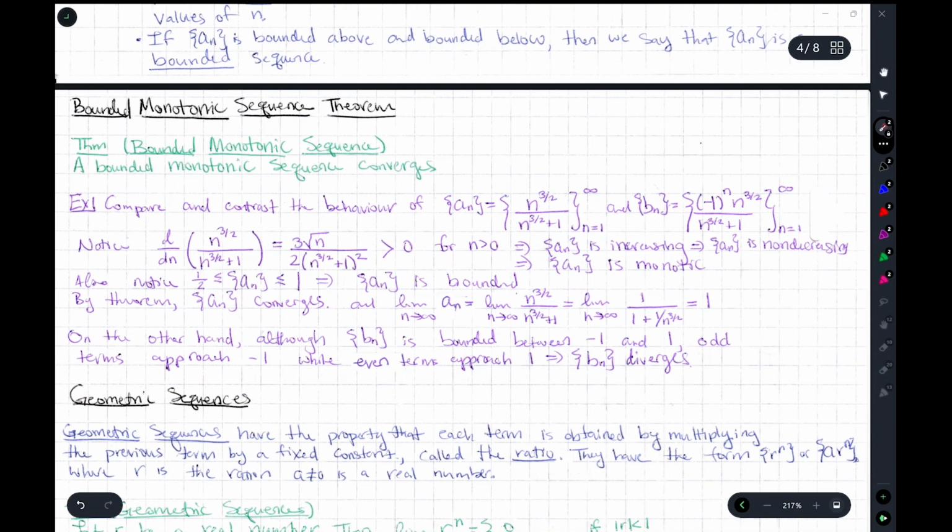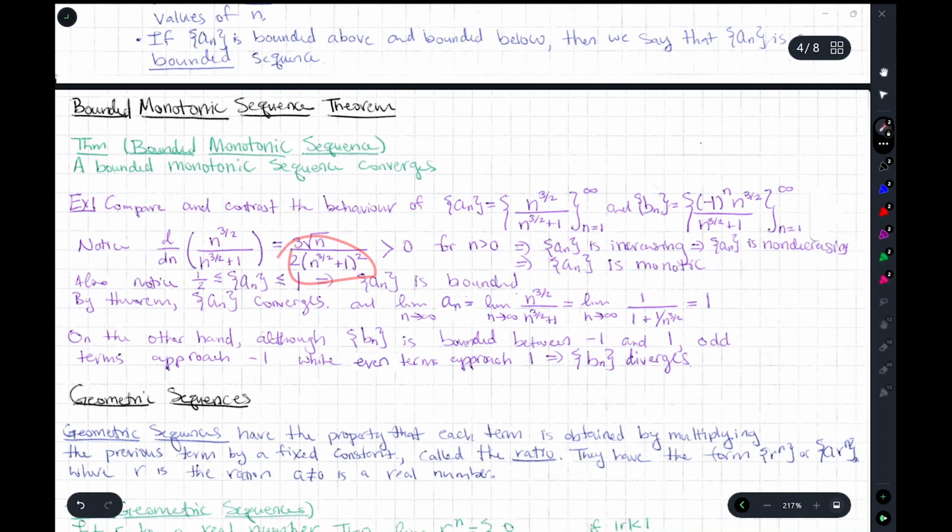So we want to show that this here is bounded and monotonic. So I'll take the derivative here, and again we're going on the pretense that this n is just like a real number. So when you take the derivative, you see that the derivative is strictly greater than 0 for n strictly greater than 0.